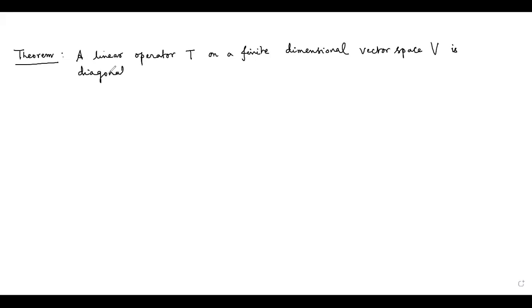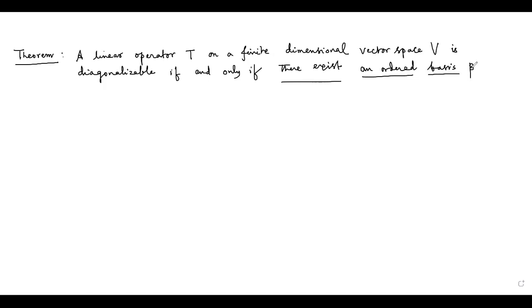diagonalizable if and only if there exists an ordered basis beta for V. Probably you are thinking, sir is writing the same thing again and again.